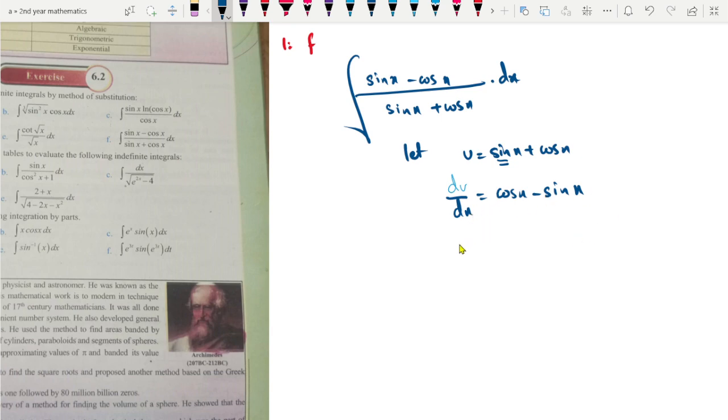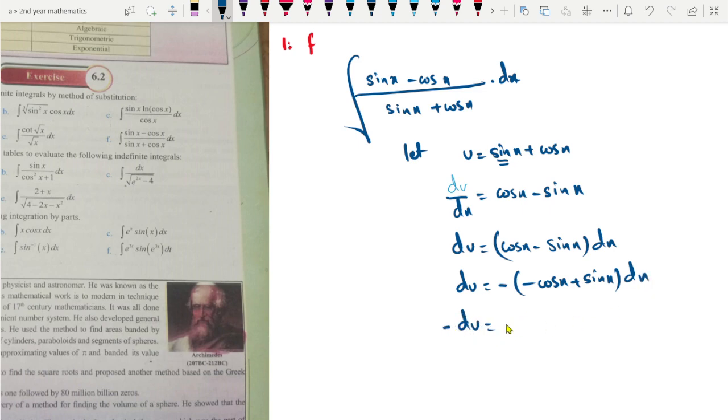So we can write du = (cos x minus sin x) dx. Now taking the minus sign as common, du = minus (sin x minus cos x) dx. So in place of this I can write minus du, and in place of this I can write u.